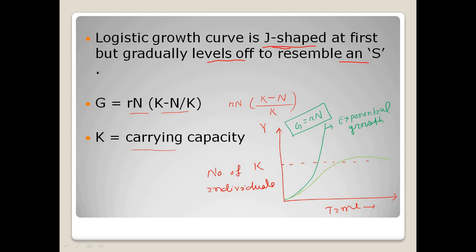It is S-shaped, and this is the logistic growth curve. G equals rN times (K minus N) upon K is the formula of the logistic growth model, and it is S-shaped.